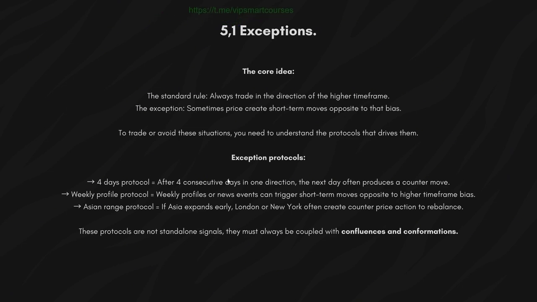Okay, and that's absolutely true for price and for many markets, and you can look it up on the charts yourself. And it's really rare for price to form 5 days worth of consecutive price action in one direction. That is something that rarely ever happens.